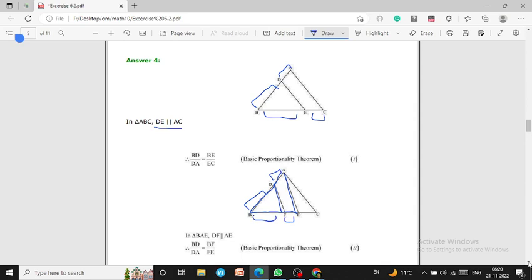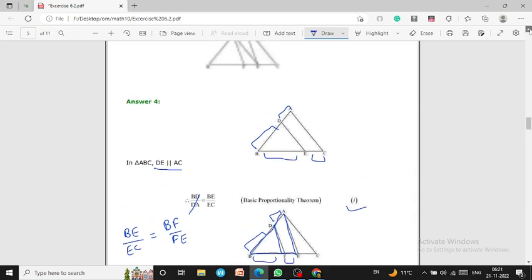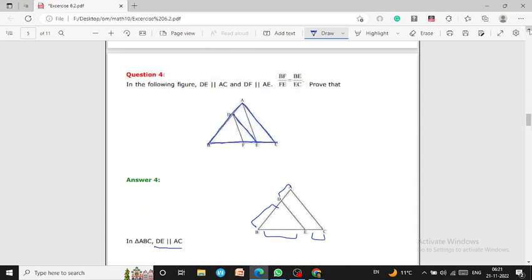This is your second equation. In both equations, these are the same and are cut. We get BE over EC equal to BF over FE, and in the question we have to also prove this. So that's why here it's proved.